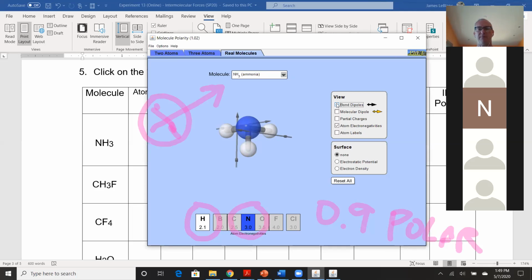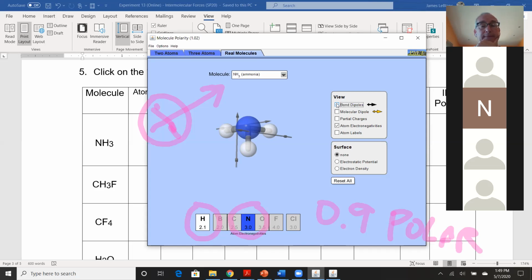So you can see it's a little bit of a mess. We got 3 different dipoles, but they're all pointing along the bonds, so that we have the bond angles. Oh, by the way, what would the bond angles be here? See if anyone can remember that from VSEPR. 120?